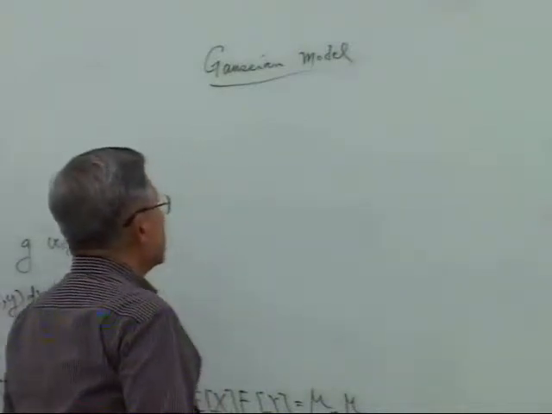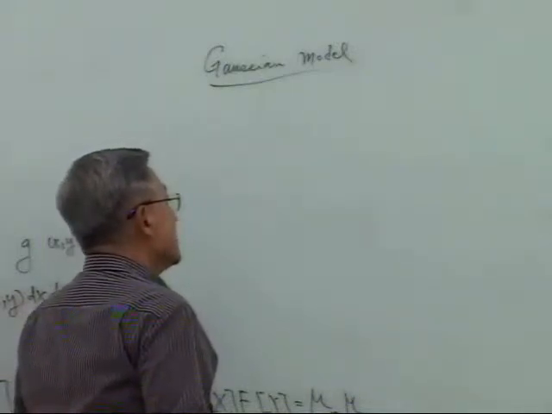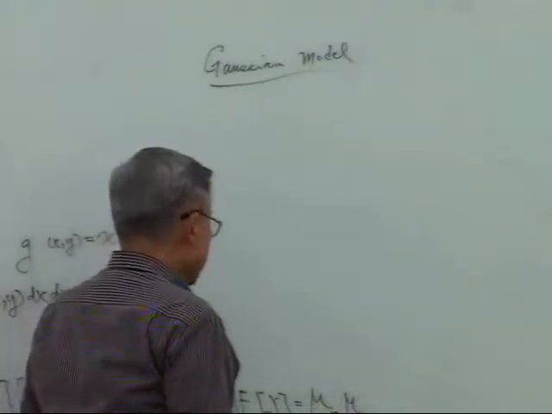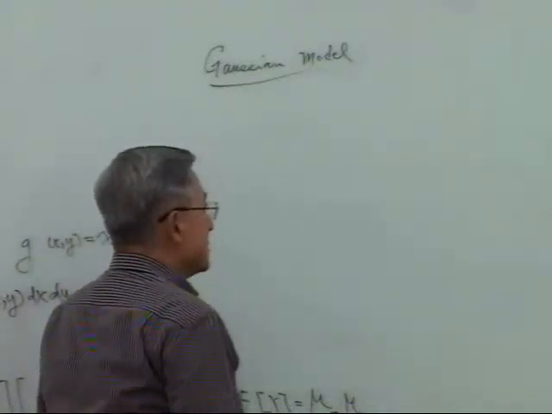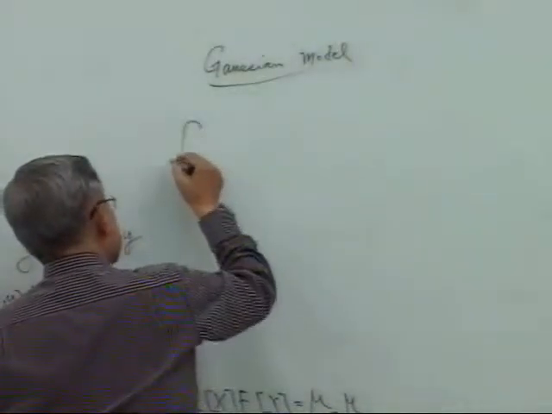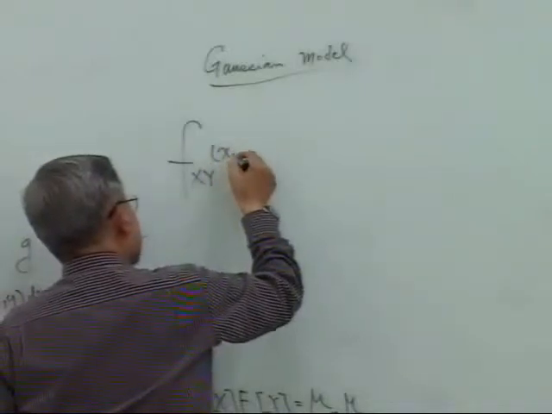You know the normal for one random variable. What about two random variables? So something like f XY of x, y.